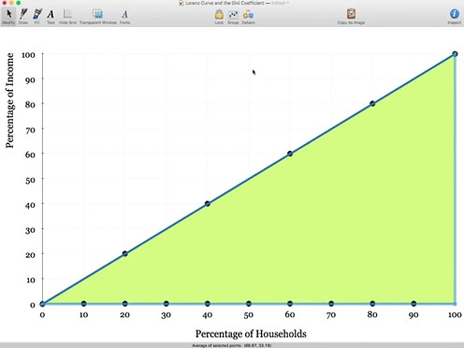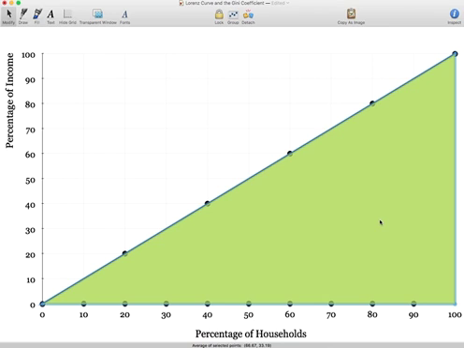So for example, if there was an economy where there was only one person who had all of the income and nobody else had any other income, the Gini coefficient would be the area of this triangle divided by the area of this triangle, which would equal 1.